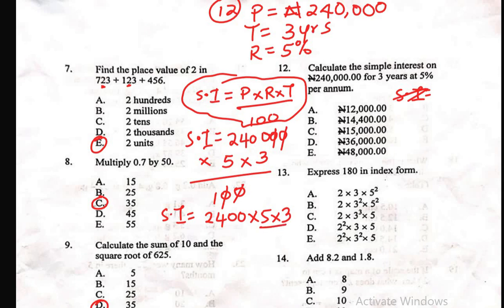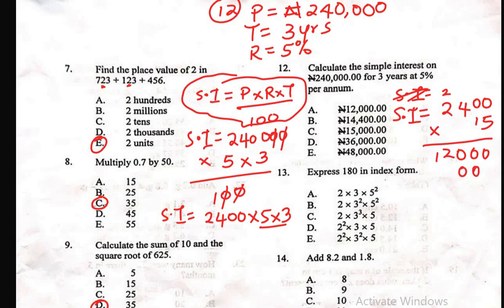So simple interest will be 2,400 times 15. So 5 times 0, 0, 5 times 0, 0, 5 times 4, 20, 0, you move 2 here. 5 times 2, 10 plus 2 is 12. 1 times 0, 0, 1 times 0, 0, 1 times 4, 4, 1 times 2, 2.